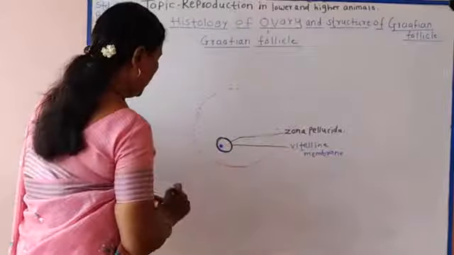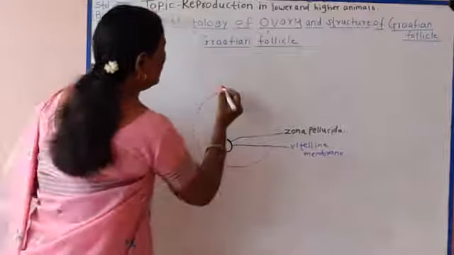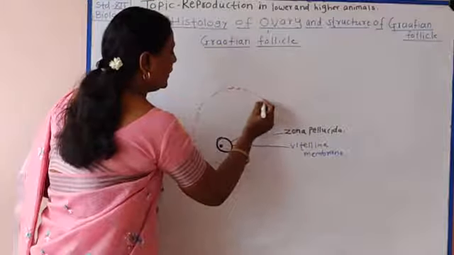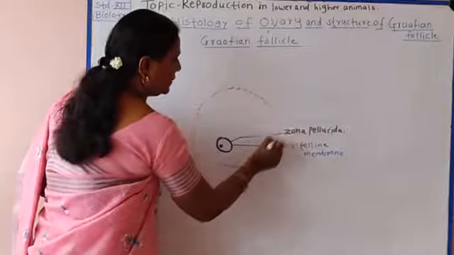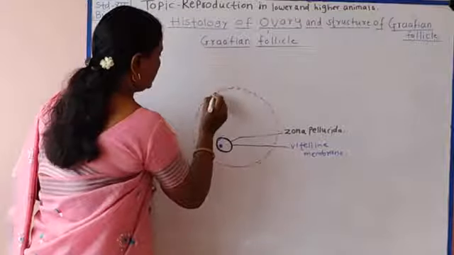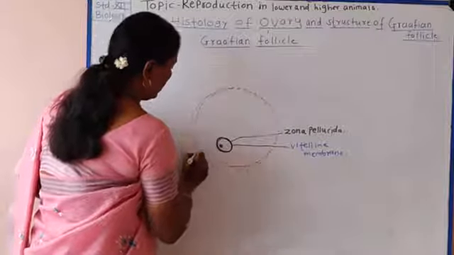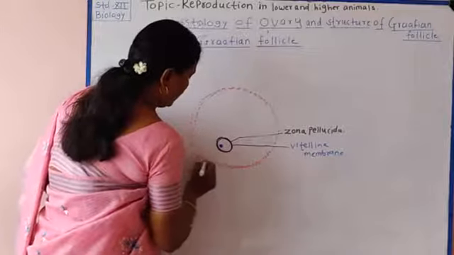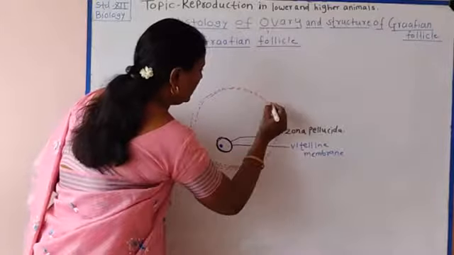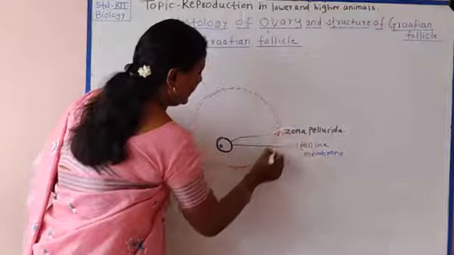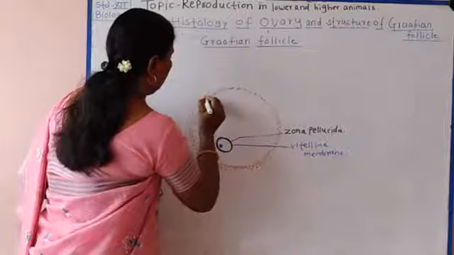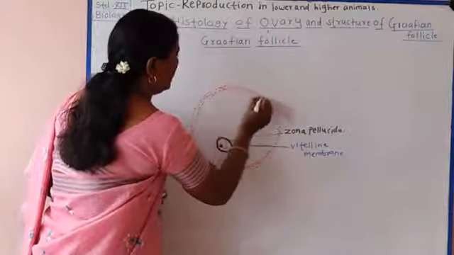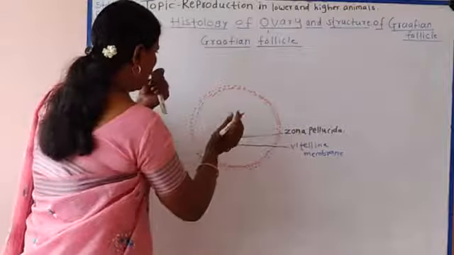The outermost layer, which is formed of the fibrous connective tissue layer, is called the theca externa, and inside this there is another layer called the theca interna. So both these are the outside layers.